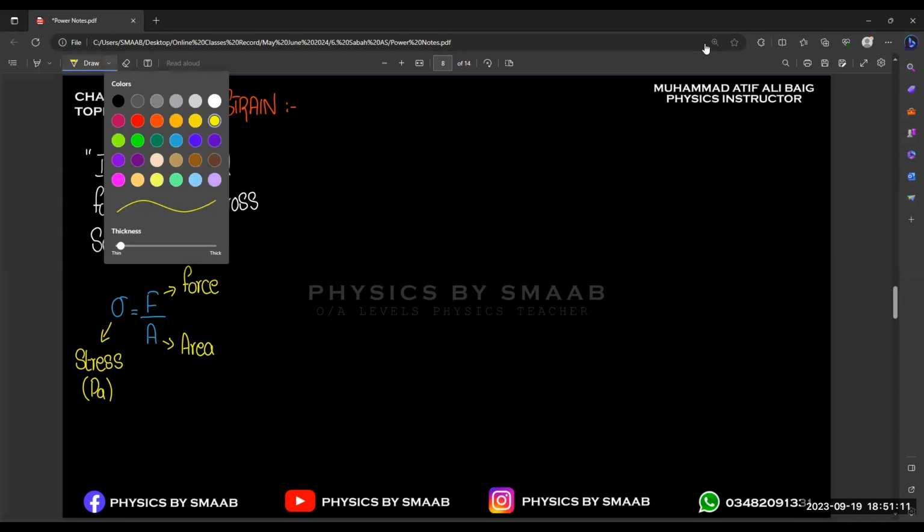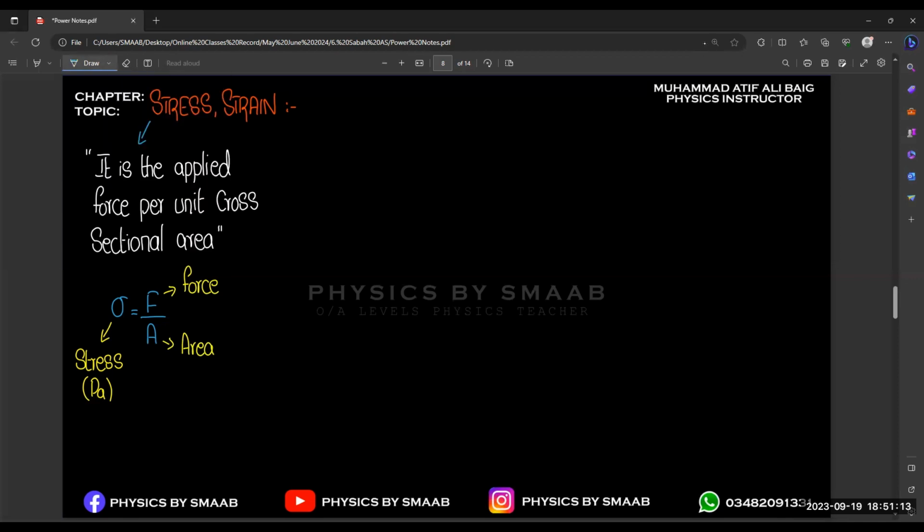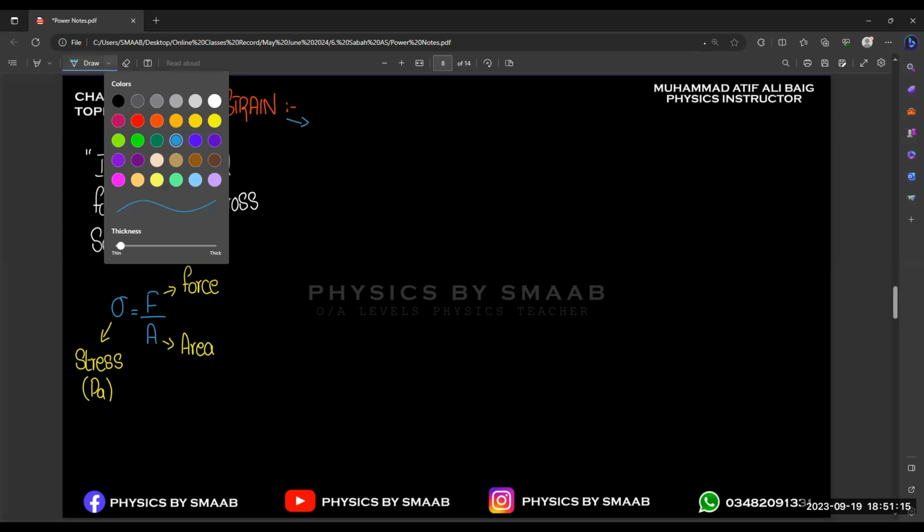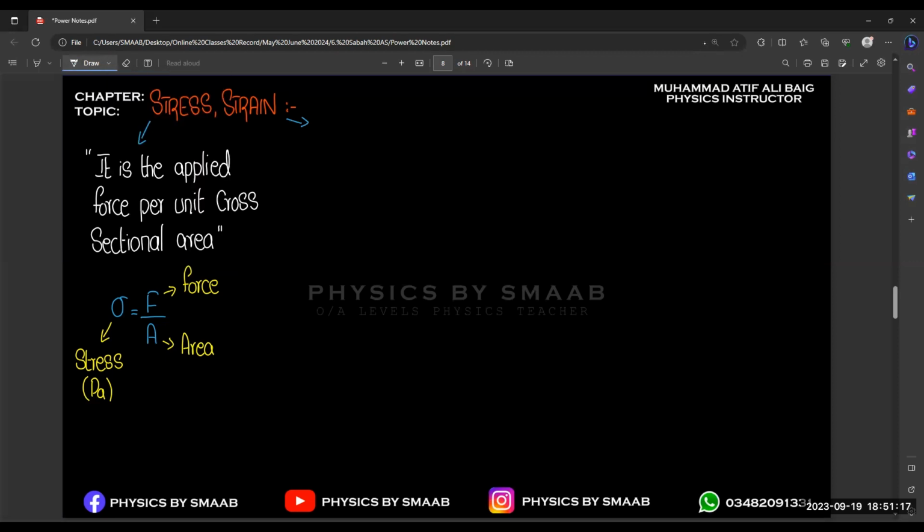And further, if we talk about the definition of strain, we can say that basically stress is like the action and strain is like the reaction. When you apply some force on any given cross-sectional area, definitely the length or the extension of that body or object will change, right? Yes.